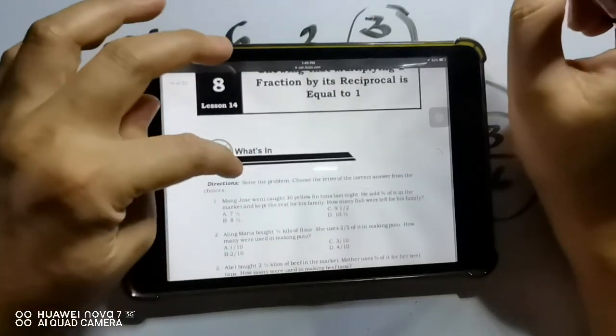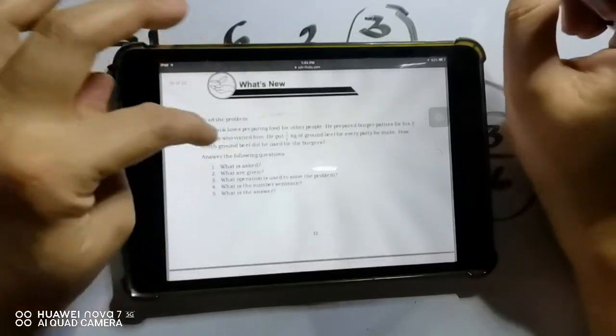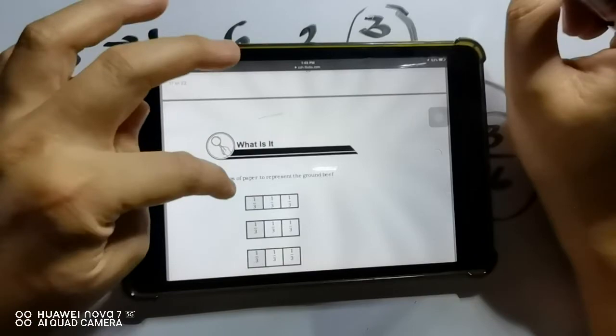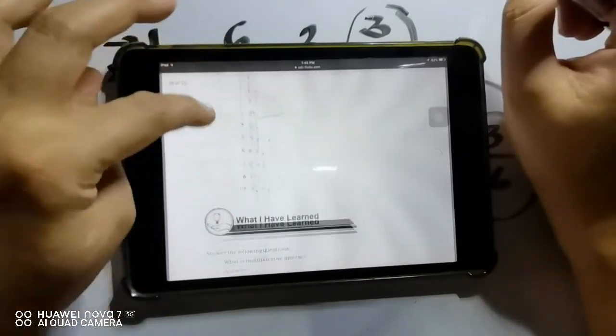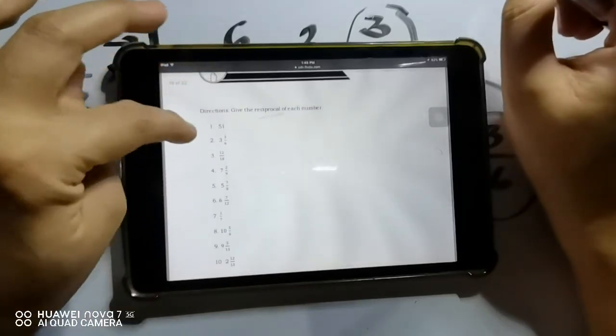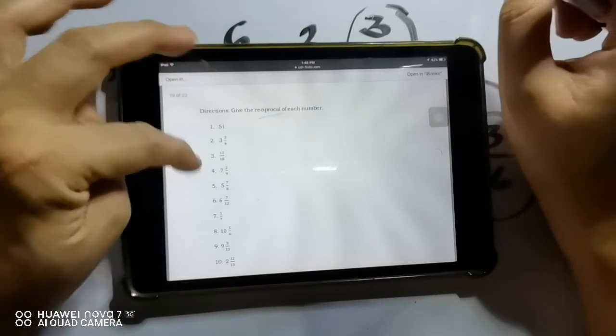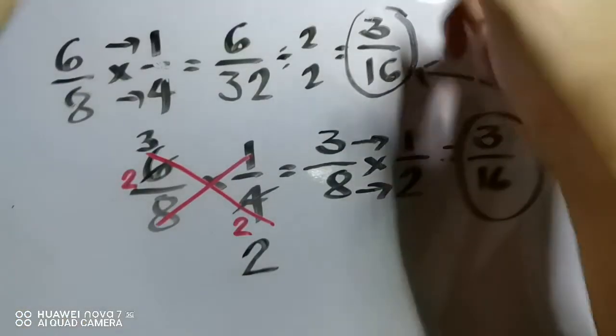Kapag sinabi natin reciprocal, siya naman yung binabaliktad, yung kabaliktaran. Okay? So paano ba yon? Hanapin natin. Ito, reciprocal. Kapag sinabi ng reciprocal, ito lang yung kabaliktaran.